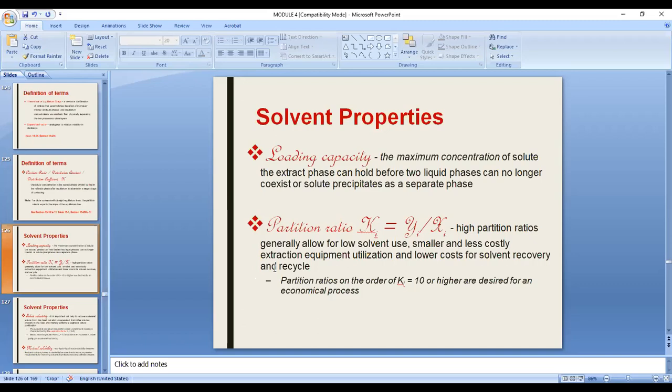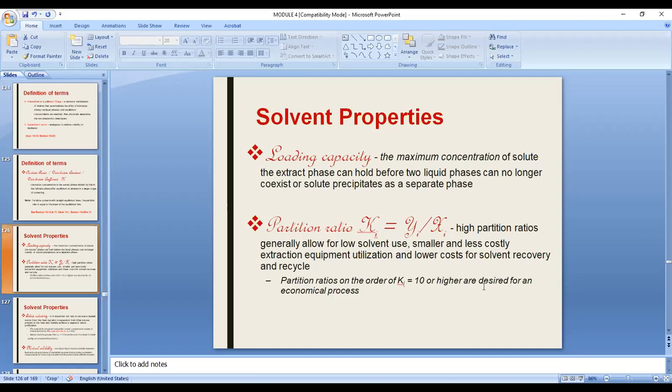Or this is the time in which your solute will start to precipitate already as a separate phase. Now, more on the partition ratio that was discussed in the previous slide: high partition ratios generally allow for low solvent use. So as much as possible, we want this K value to be high.